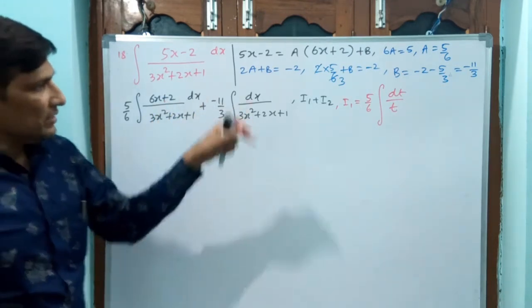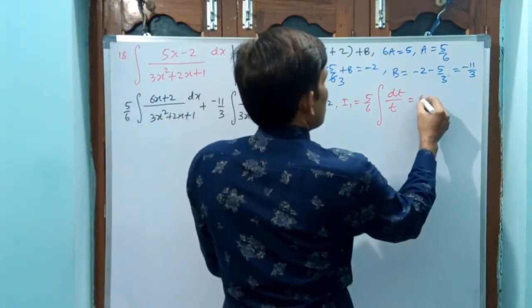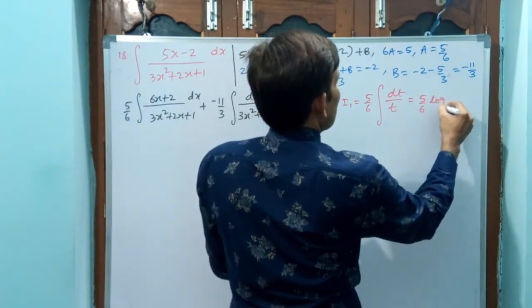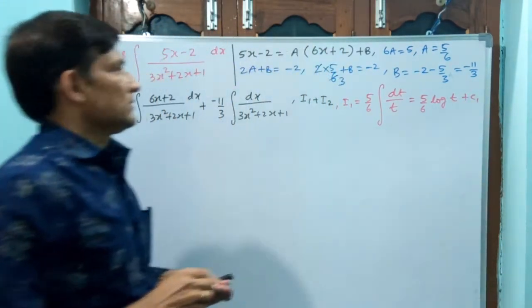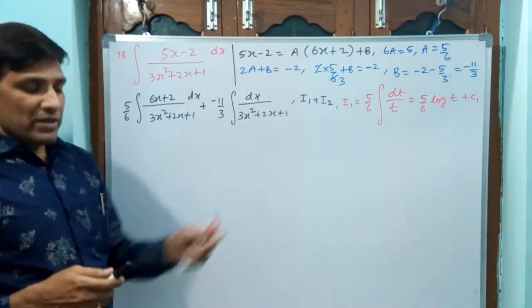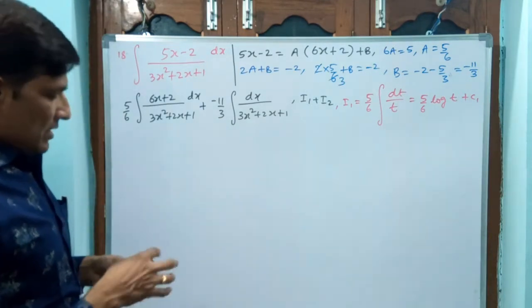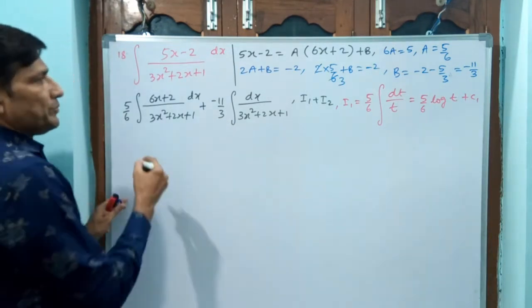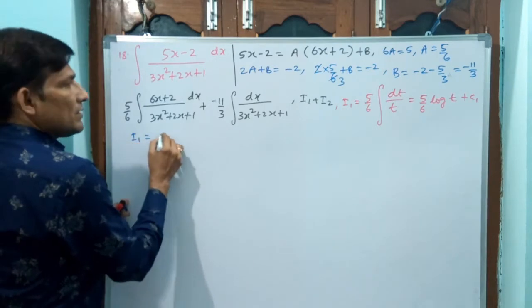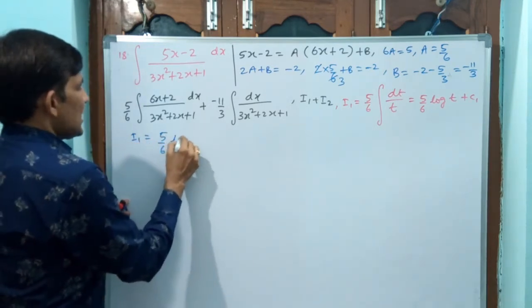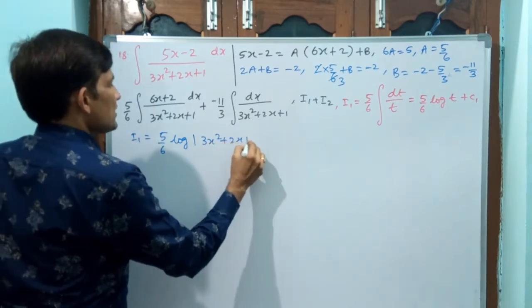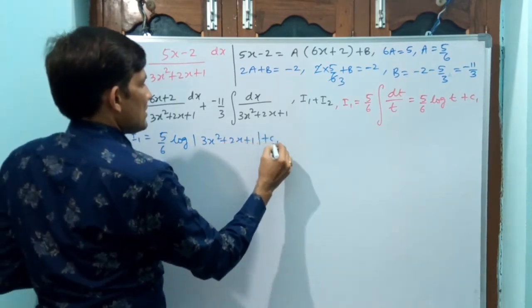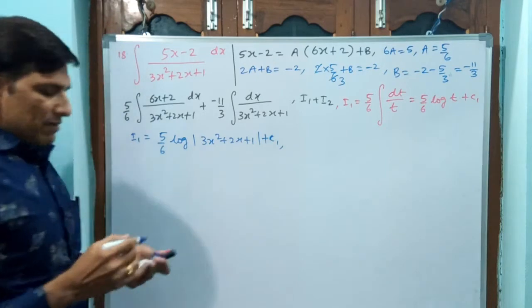Now what will be the answer? 5 by 6 log t plus c1. 1 by t will be log t, but 5 by 6 is common outside. And you see how I am writing. I1 will be 5 by 6 log of modulus 3x square plus 2x plus 1 plus c1. This will be your I1.